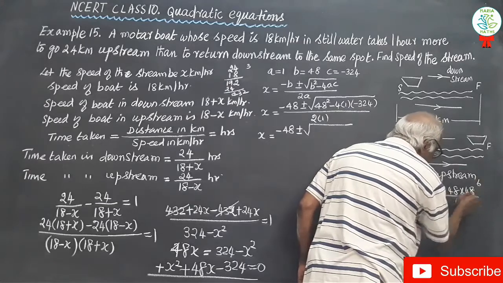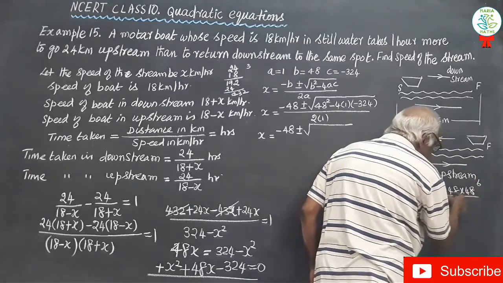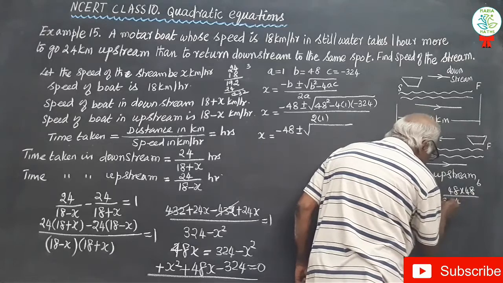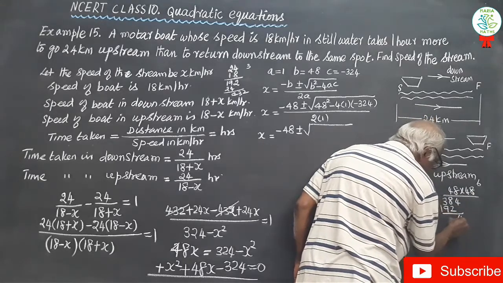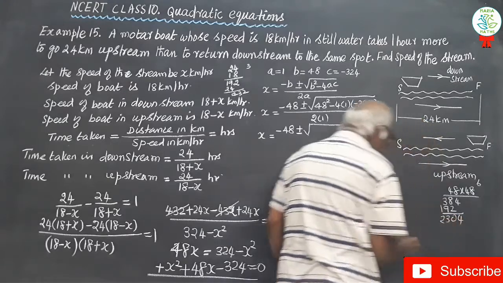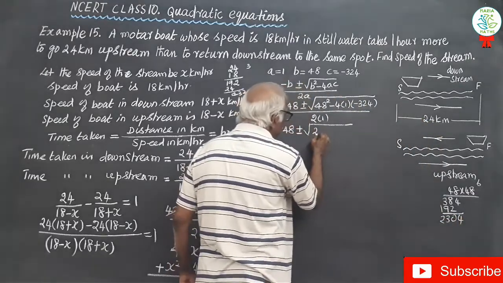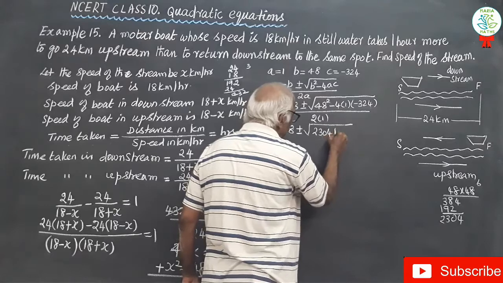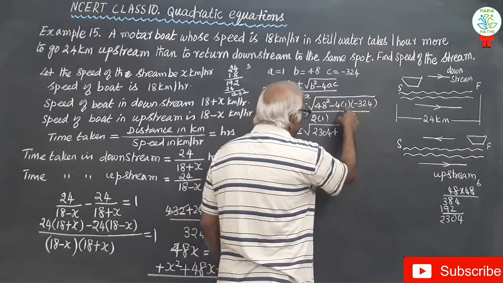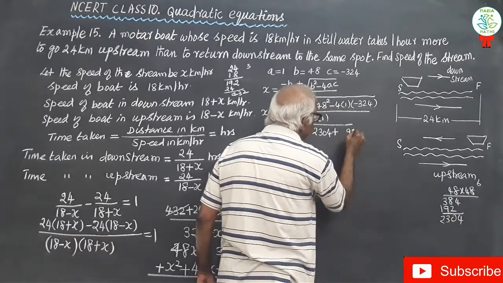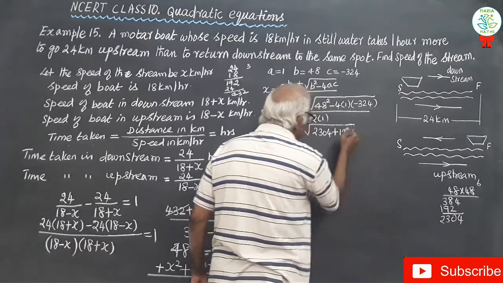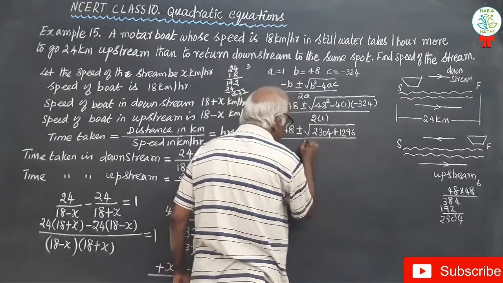48 into 48 is 2304. 2304 plus 4 into 324, which is 1296, by 2.